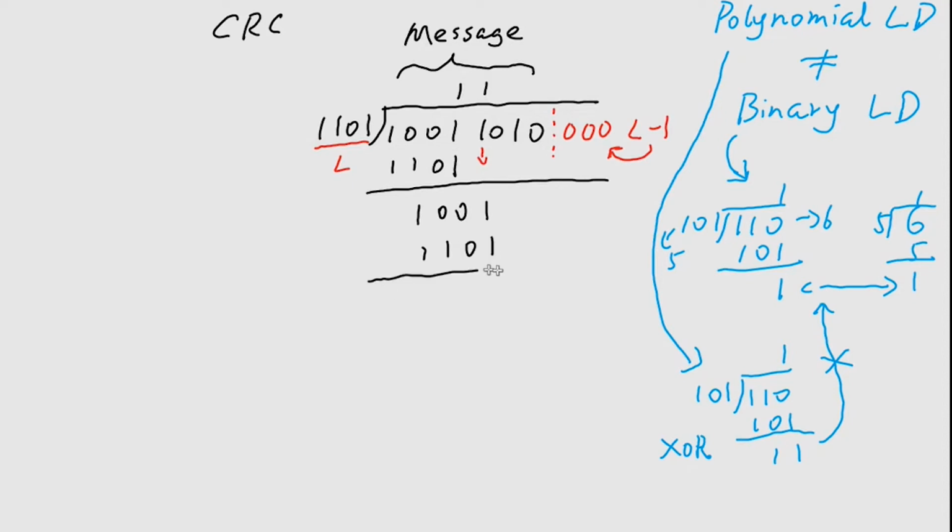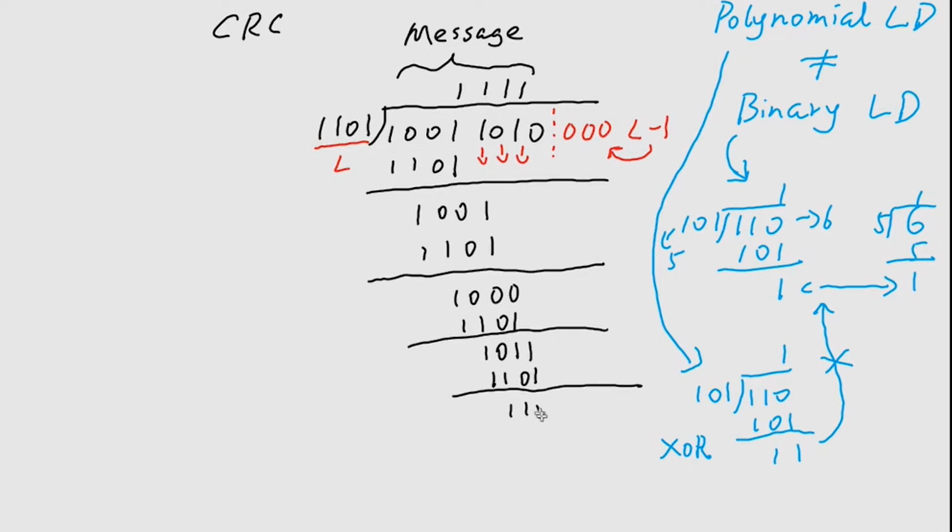Which will be 1, 0, 0, and we give this 0 here. So we have another 1, which will be 1 1 0 1, which is 1 0 1, and add this one here will be 1 0 1 1, and another one will be 1 1 0 1. So it's 1 1 0, right? 1 1 0.